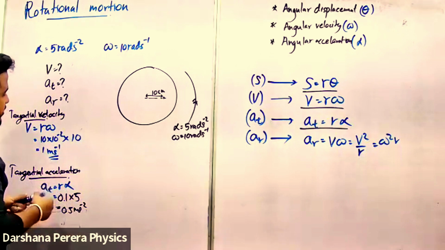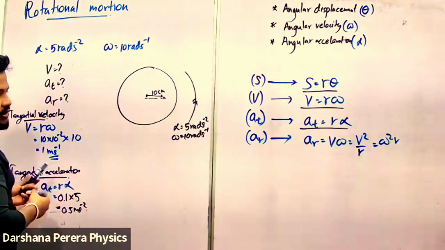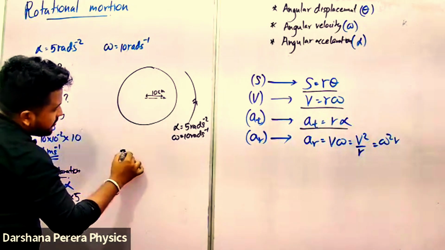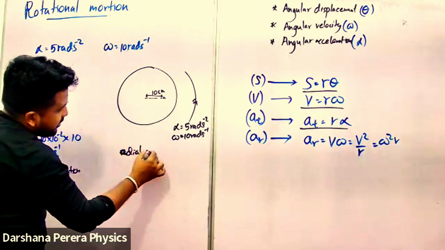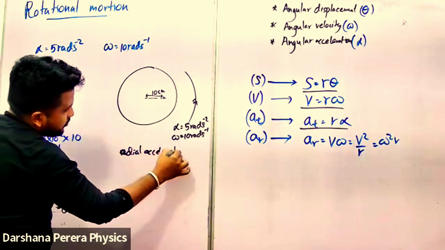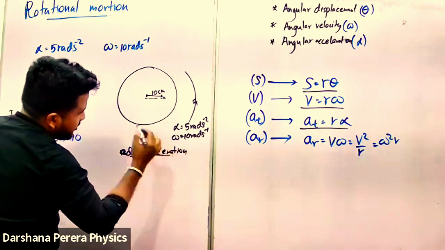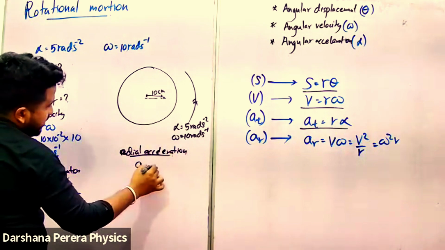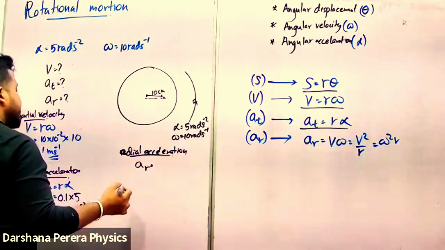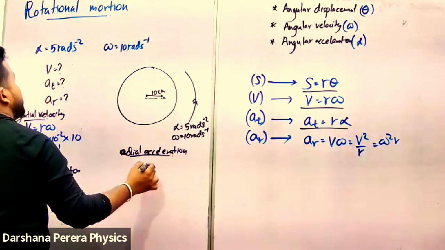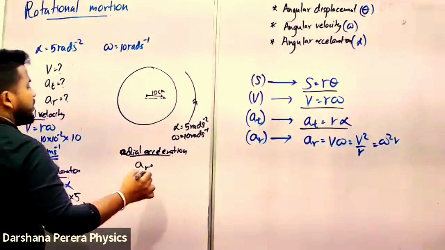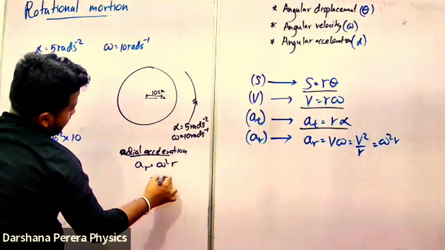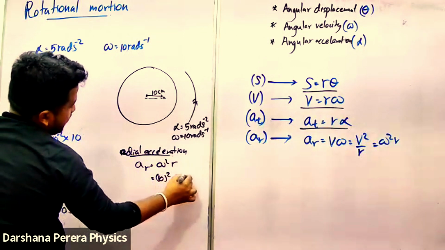Then we have to find what is the radial acceleration. Radial acceleration means a_R. These are the parameters which we discussed in circular motion. Radial acceleration a_R equals v omega or omega square R. I am taking omega square R. Omega square means 10 square, R means 0.1.